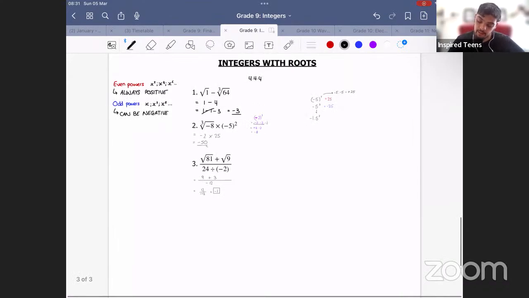Okay, done. Let me stop sharing my screen for a second. Glad we're starting already. That's really good. And let's begin with exponents.